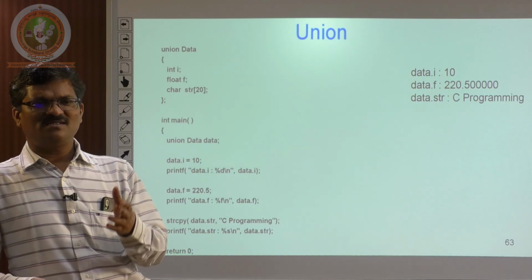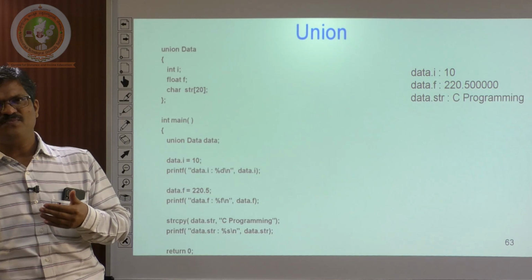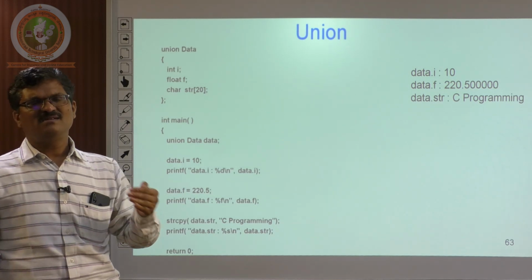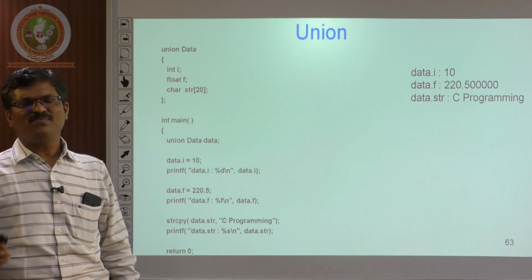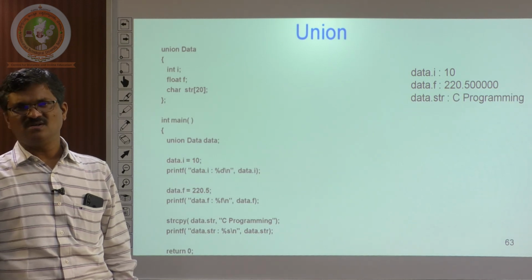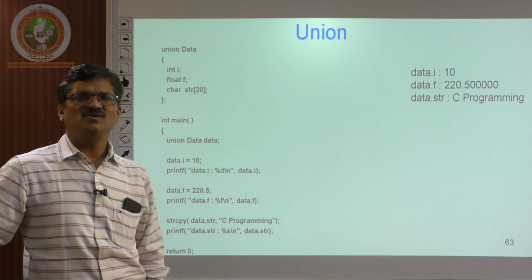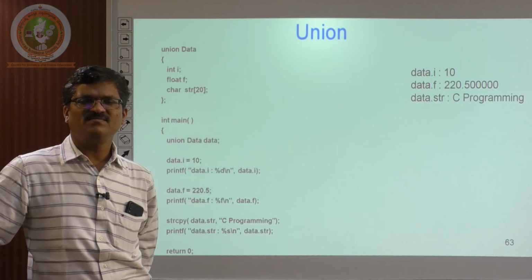So, it depends on the way we assign the values, or the way we access the union members. Simultaneously you cannot access the data members, you can access the data members one at a time.